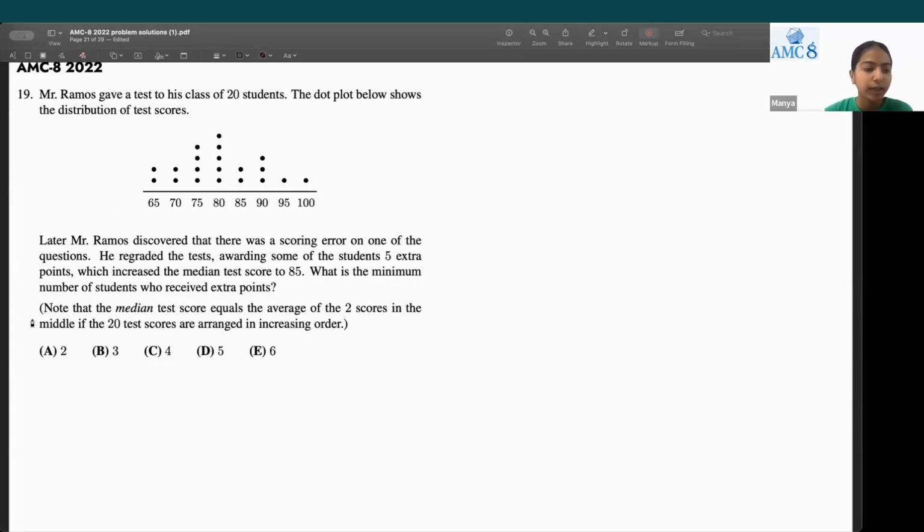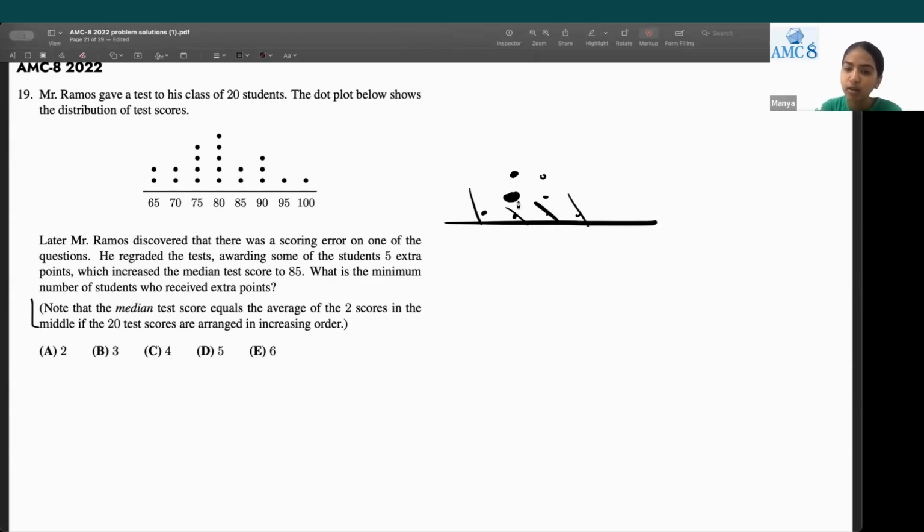So in this note right here, they're just telling us, suppose the dot plot looks something like this. This is just an example. If we want to find the median, we would start crossing out from left to right.